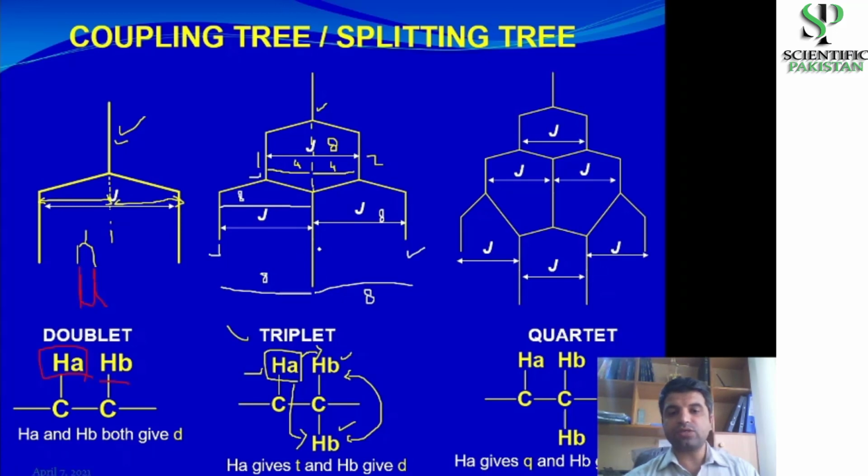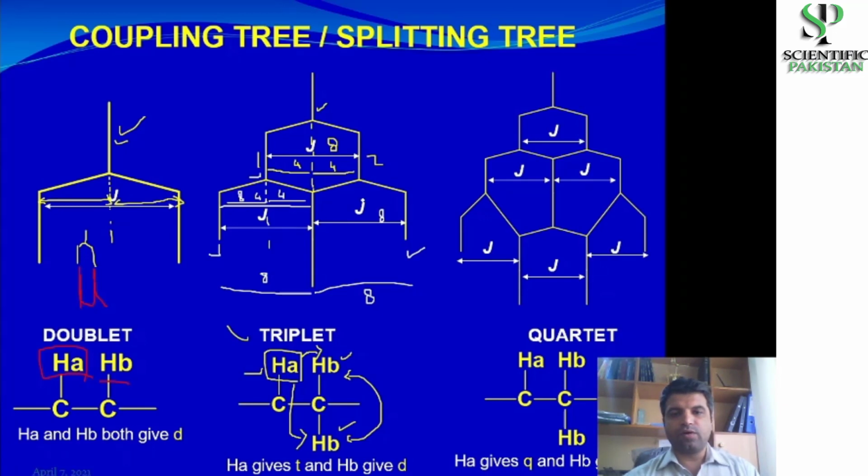Now, why do these two lines merge together? See, to have a separation of 8 Hertz, this line has to split into two by going 4 Hertz to the left and 4 Hertz to the right. So it goes 4 Hertz in this direction and it goes 4 Hertz in this direction, so as to have a magnitude of 8 Hertz.